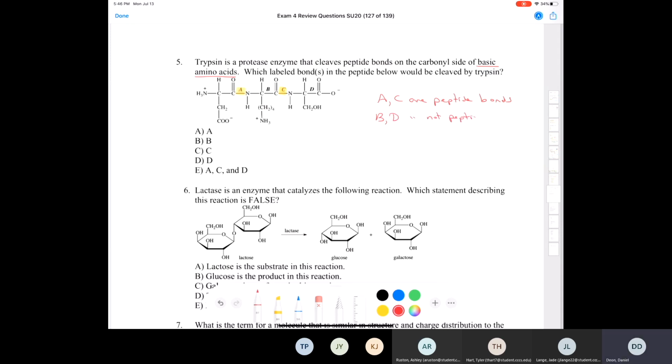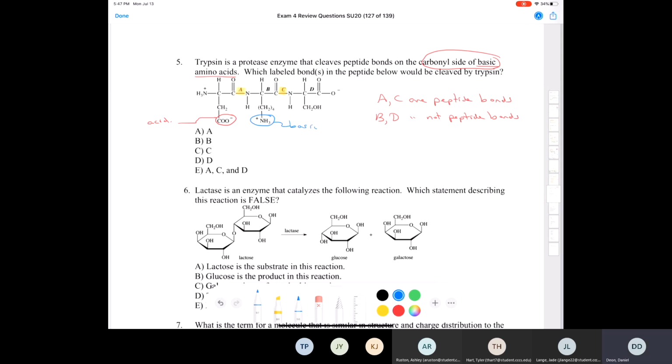Well, it says here it's on the carbonyl side of basic amino acids. If I look at this residue, this is acidic, right? This is a carboxylate, which is the conjugate base of an acid. So this comes from an acidic residue, whereas this is a basic residue.